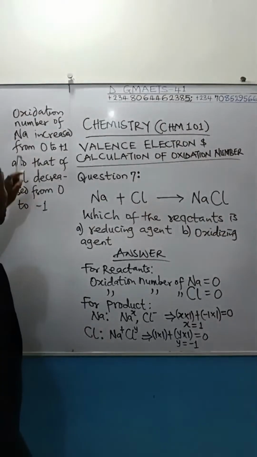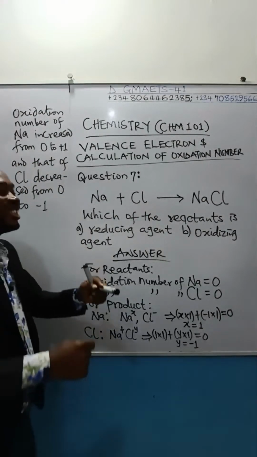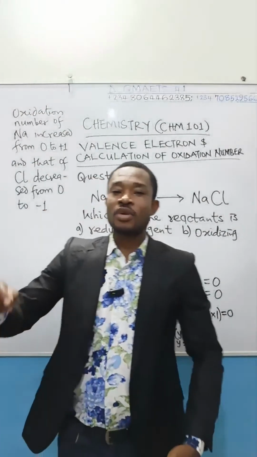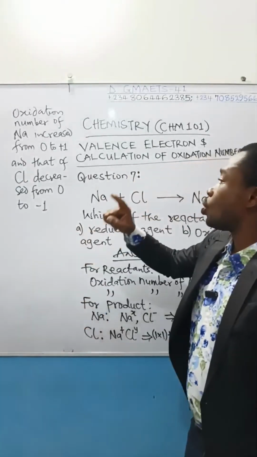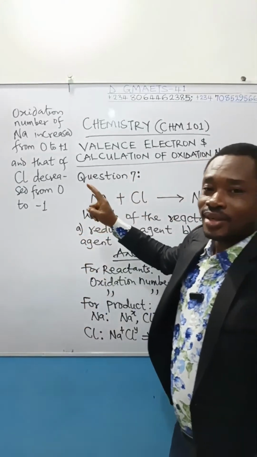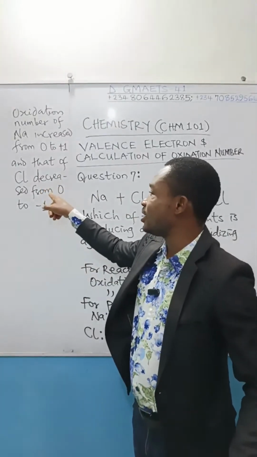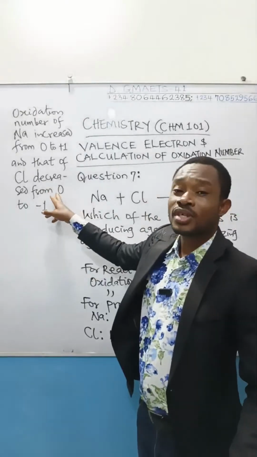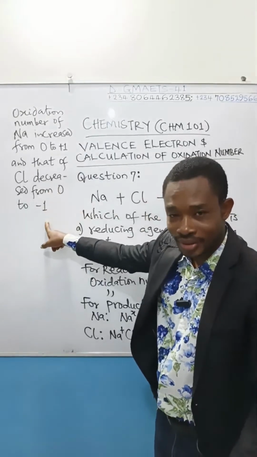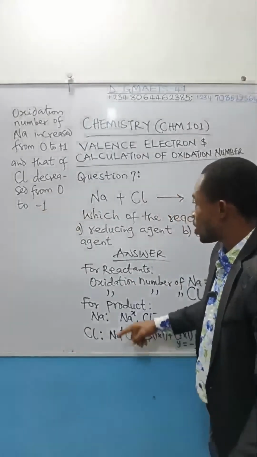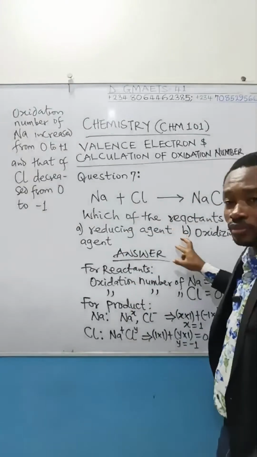The fact that the oxidation number of sodium increased from 0 to 1, and the oxidation number of chlorine decreased from 0 to -1, we can use that to answer this question.